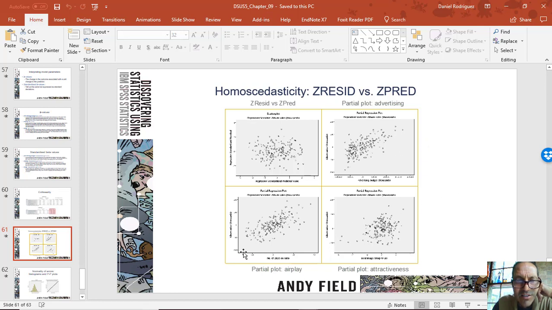It doesn't look like there's any issue here. If we were to draw a line right down the middle, you see the residuals seem to be scattered very evenly across values of the predicted value, right? So it doesn't look like there's any heteroscedasticity.